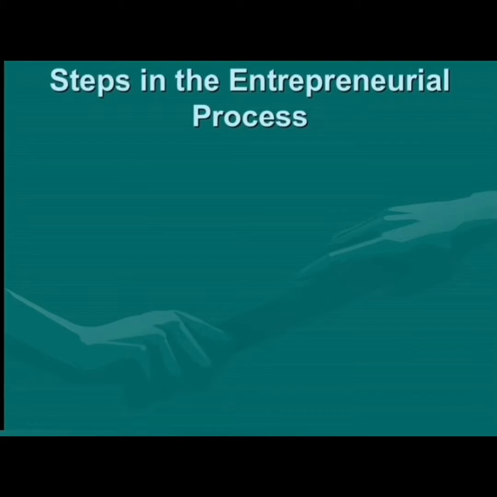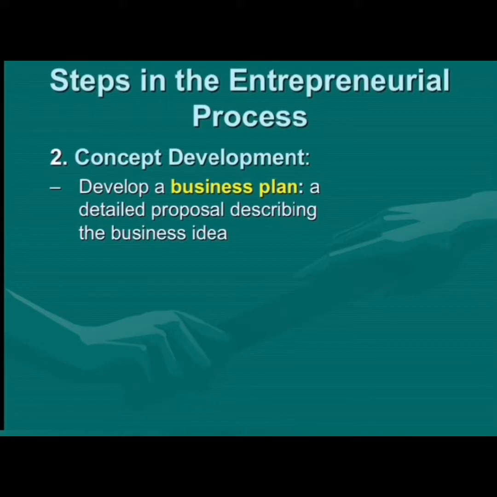So, steps in the entrepreneurial process. The second step after the discovery is the concept development. What happens in concept development? He tries to develop a business plan, a detailed proposal describing the business idea. So all these things happen on the table.